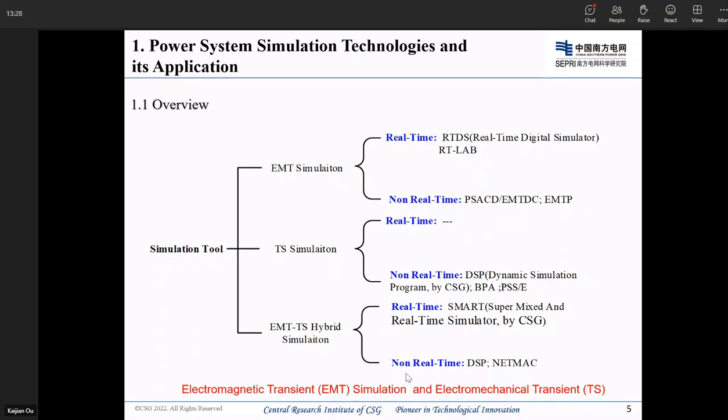And for non-real time EMT and TS hybrid, DSP can do this, and NetMark can also do this. So these are the simulation tools for power systems.